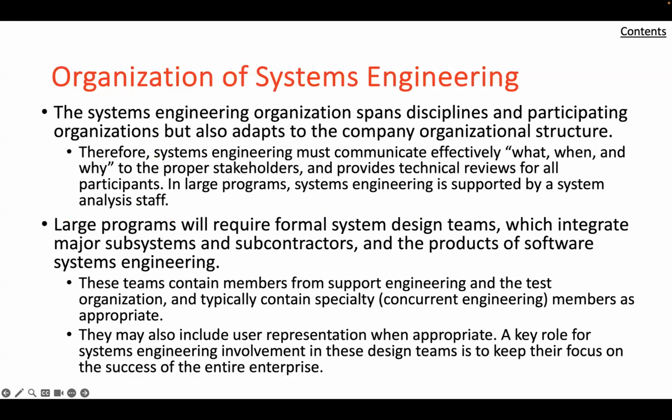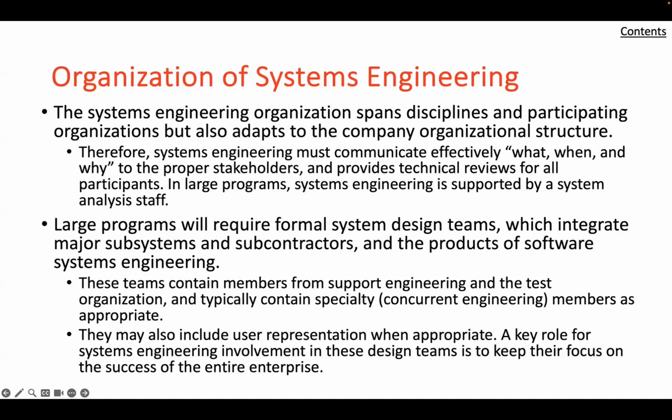So for the organization of system engineering, despite decades of study, there are many options, but no general agreement on which organizational form is most effective for a given type of enterprise. For this reason, the organizations participating in a system development project are likely to employ a variety of different organizational styles.